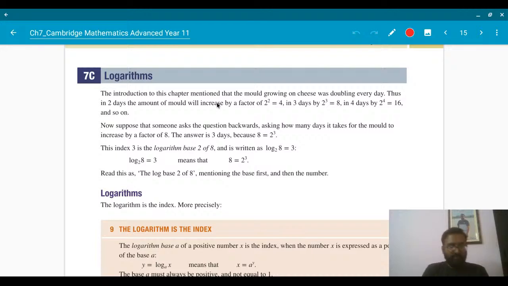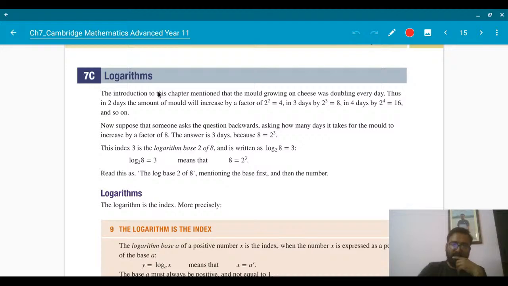Now it is 7c, logarithms. I said logarithm is from the exponents only.